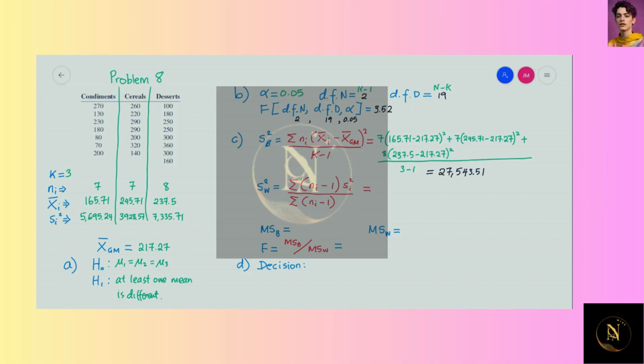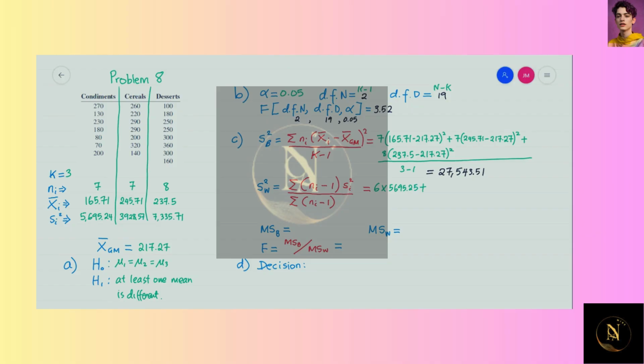Next, we can work out the variance within the groups using the given formula. Here, we have to substitute the values from the first part of the question, and this means we need n minus 1, that's condiments 7 minus 1, that's 6, multiplied by the variance for condiments, which is 5,695.24.